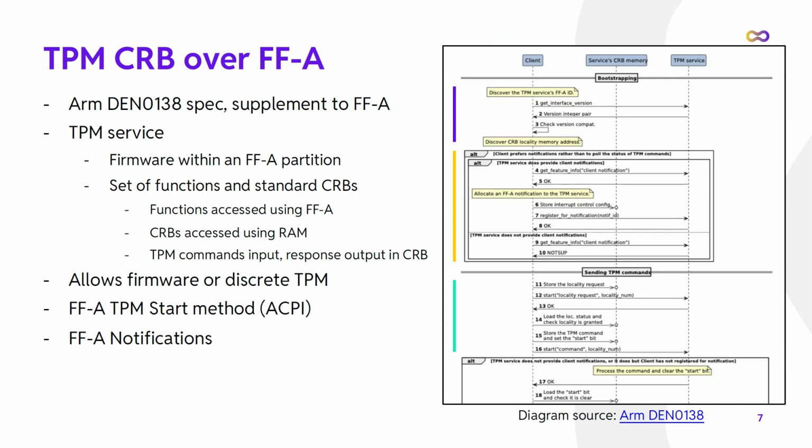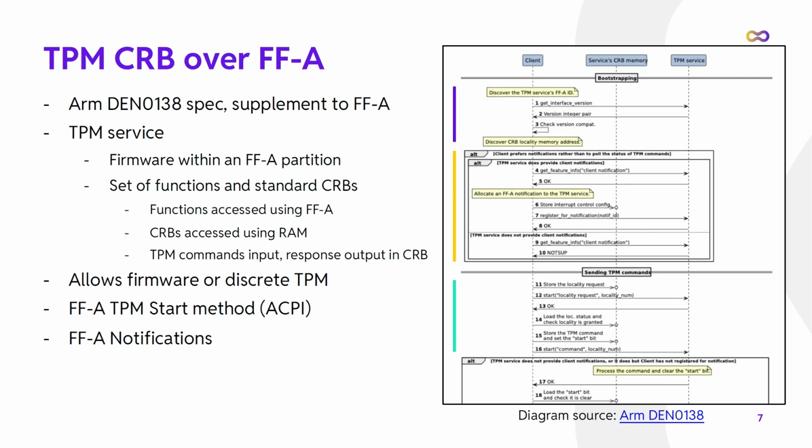This allows either a firmware TPM, where the TPM processing code is running in the same secure partition, or a proxy solution, where the incoming CRB commands are translated and sent out on an SPI bus to a discrete TPM. But from the client's point of view, this is invisible.